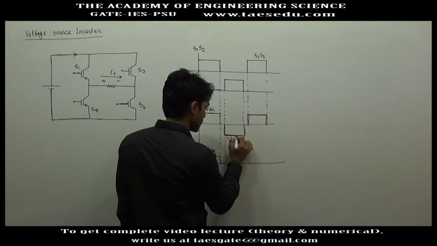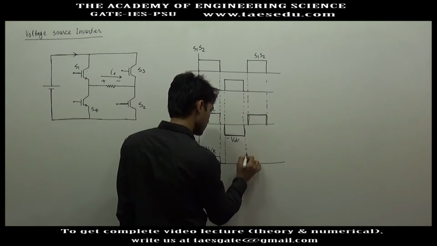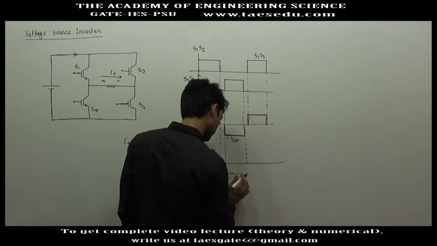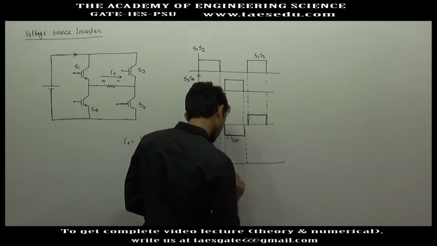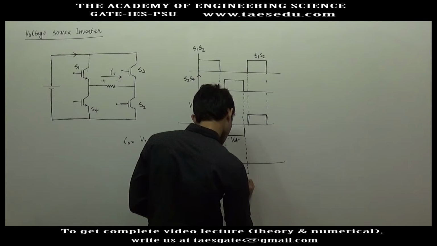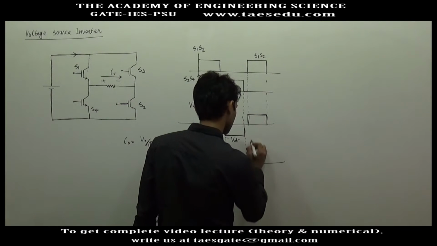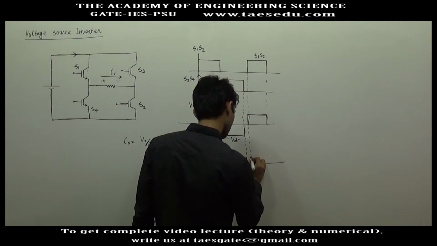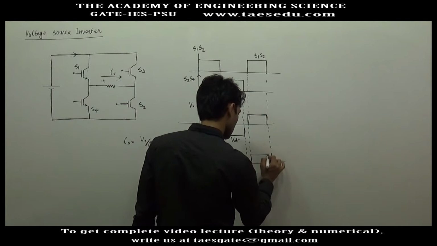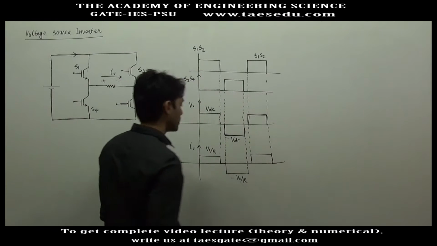Next, here we are getting negative voltage, so the current will be negative, and the magnitude will be V naught by R. So drawing the waveform of current is very easy because in the load we have connected a resistance.